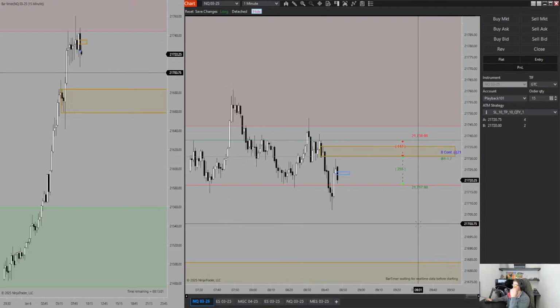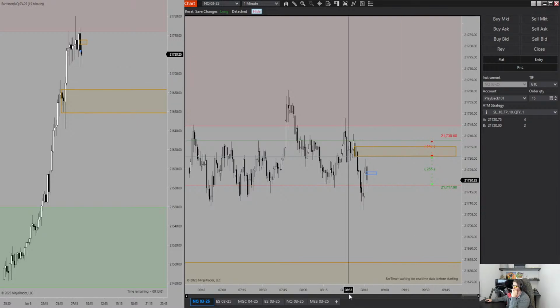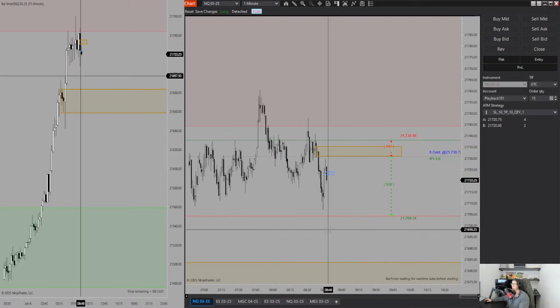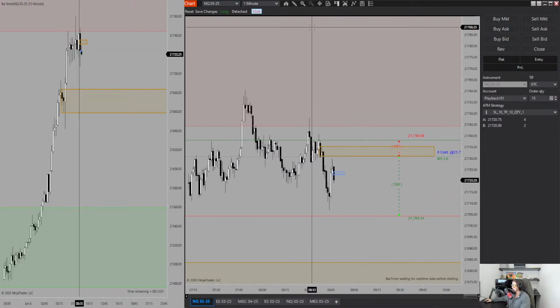That would be a 1 to 1.7 now. We'd probably look for a bigger move at that point, down to here to take this low. That would give us a 3.6. So let's see what happens here.